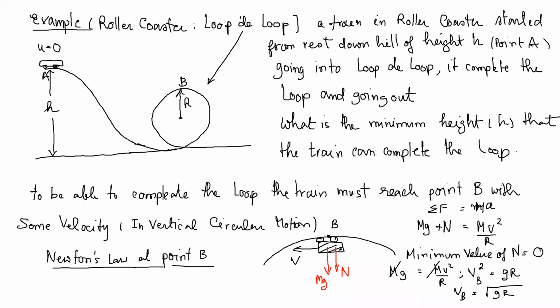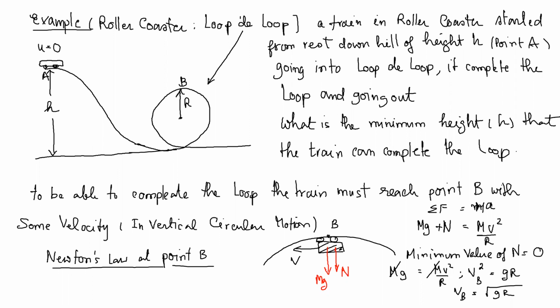In this case, the roller coaster comes down from the top of the hill at height h, goes to the ground, reaches the maximum velocity, and does a loop in a circle of radius r. So the question asks, what is the height h that lets the train complete the loop?